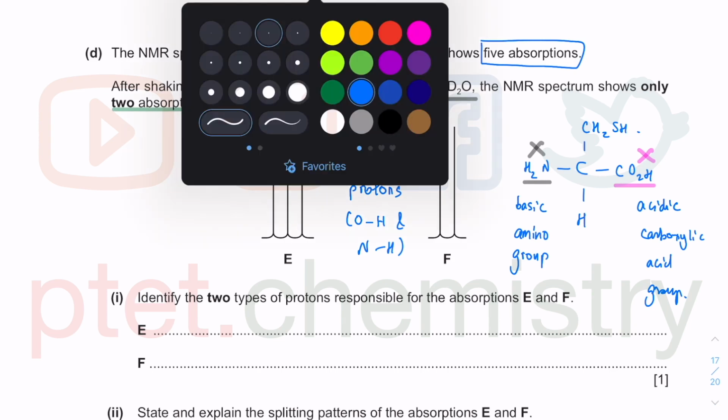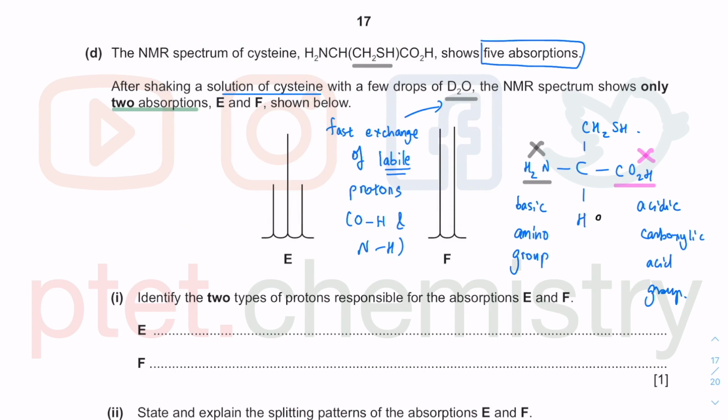If I have this very clear structure, let's say A and B, if I am at A, I will have 2 neighboring protons, so A will see a triplet, because 2 neighboring protons, so therefore 2 plus 1 equals 3 lines. So that is your triplet. Identify 2 types of proton responsible.